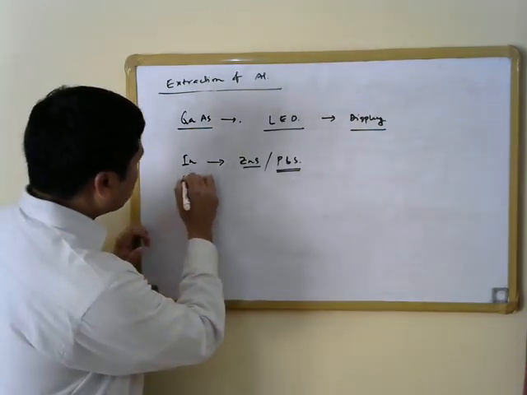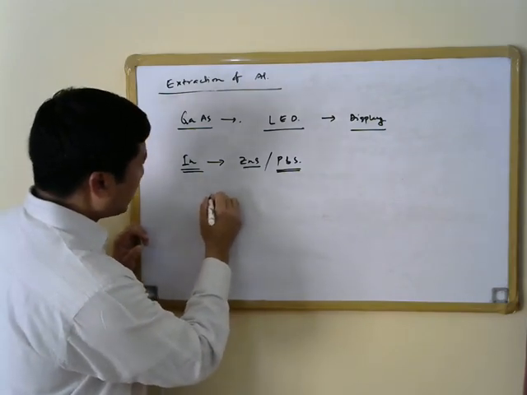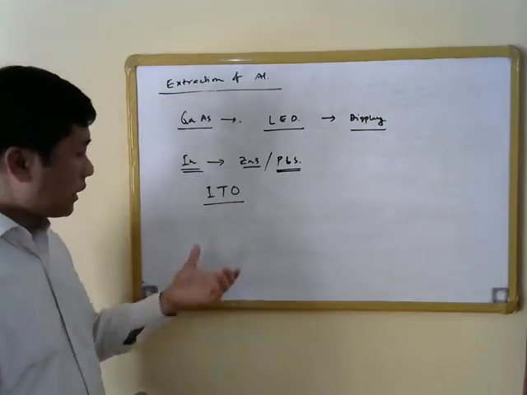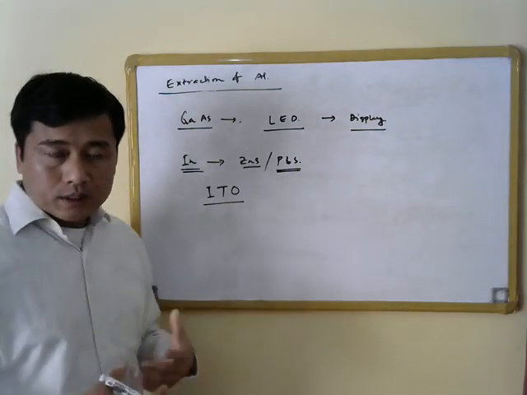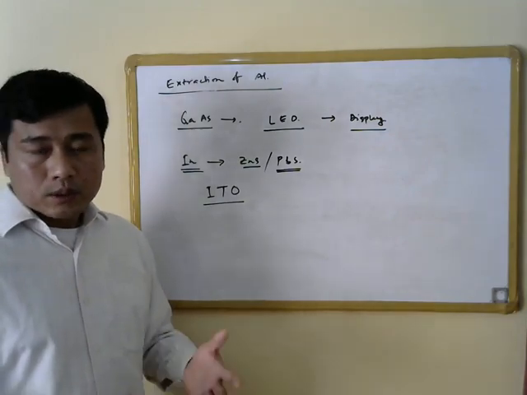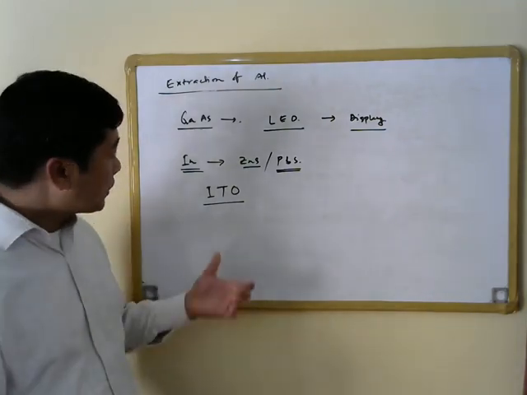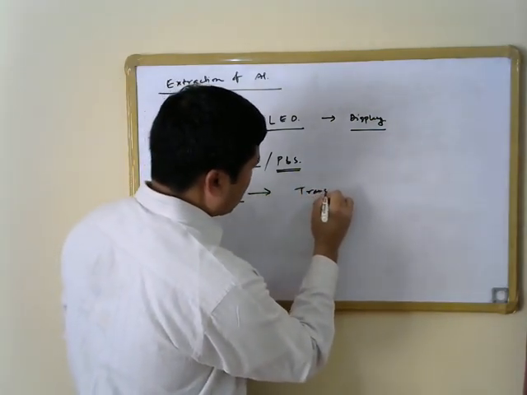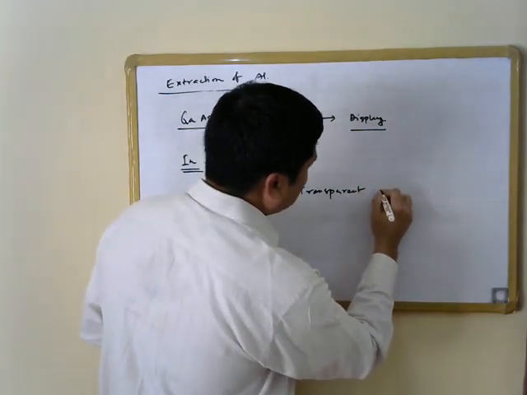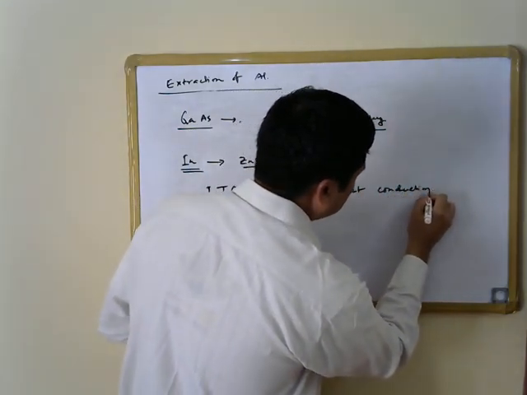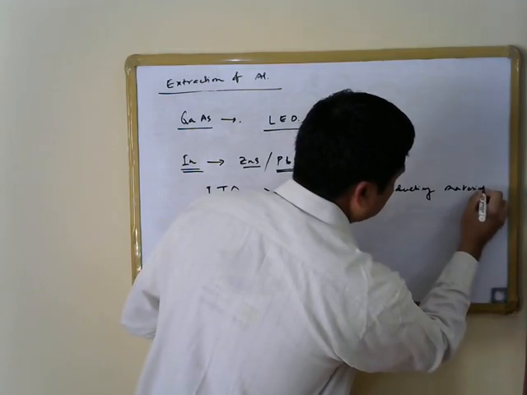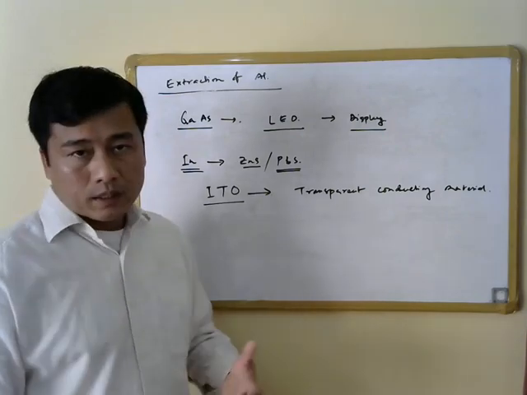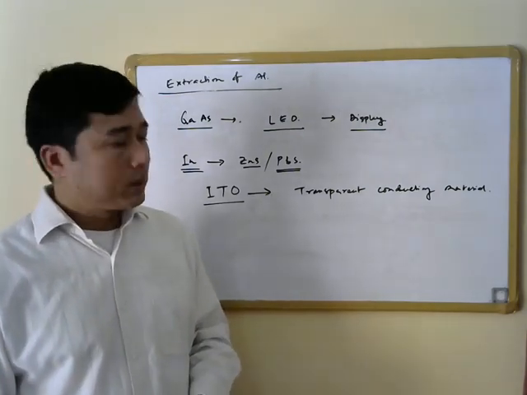And one application of indium that we should know is that indium tin oxide, or one writes in an abbreviated way, ITO, is a very important material in the electronic industry, because this is essentially a transparent conducting material, and that is why it is used in displays in cell phones or in computers nowadays.